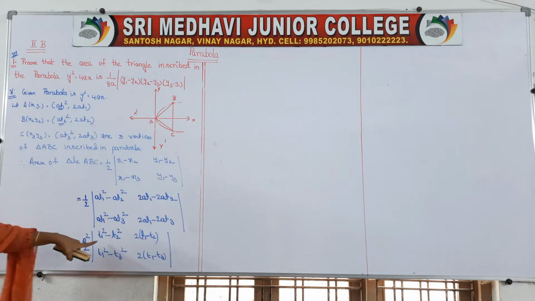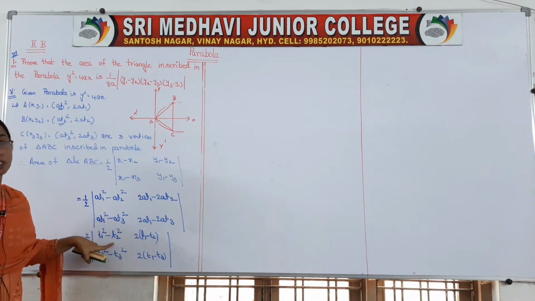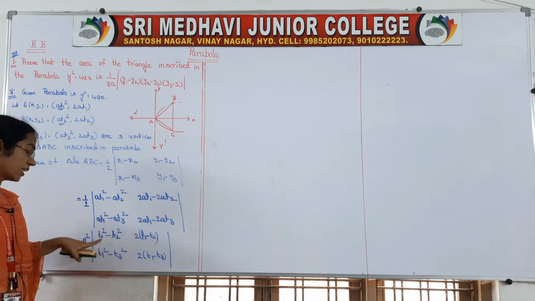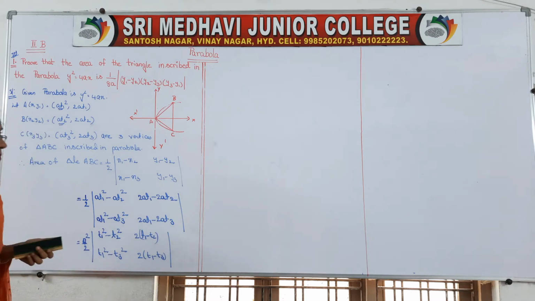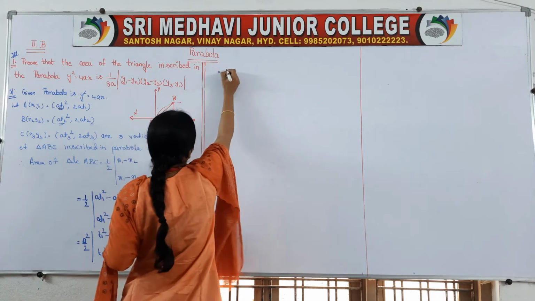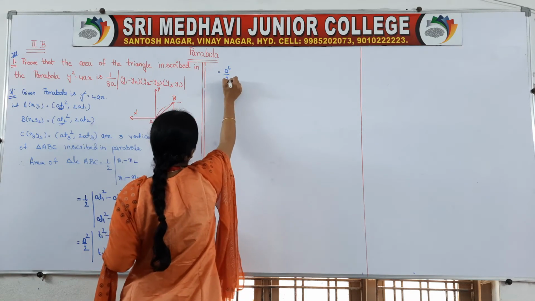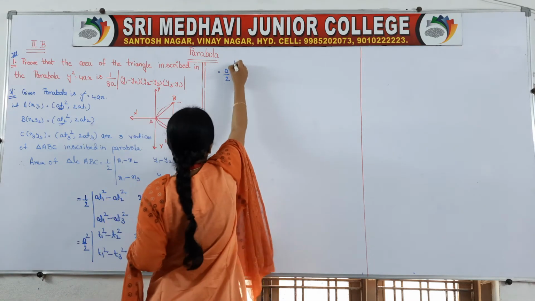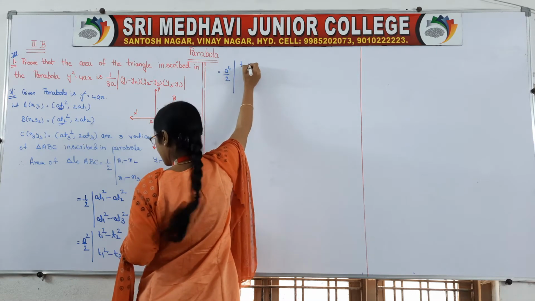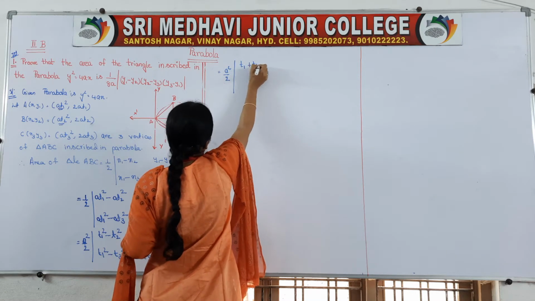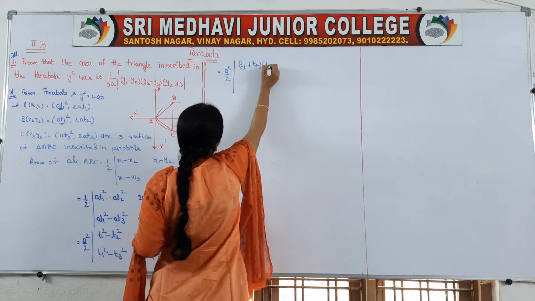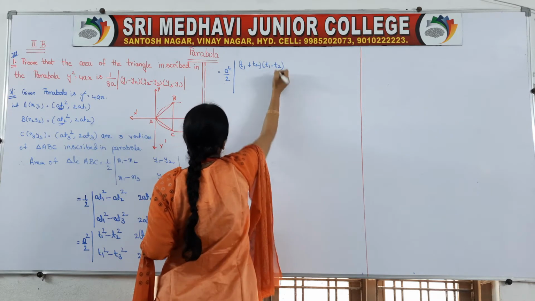Okay, so this is of the form a square minus b square form, right? So we can write a plus b into a minus b. So is equal to a square by 2, right? Modulus of t1 plus t2 into t1 minus t2.